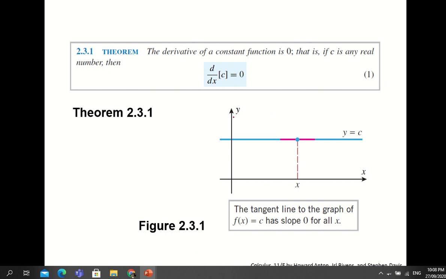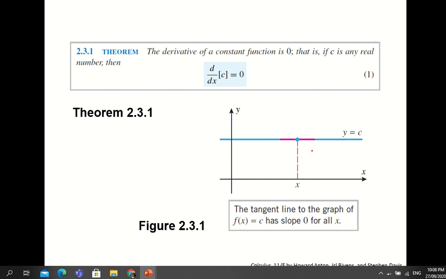This is illustrated from this picture, class. So we have here a point. The equation of this line, the horizontal line, is y equal to c. So y is a constant. It means that as the point moves along this line, our value will remain constant. It will not change. For example, assume the value x equal to 5.